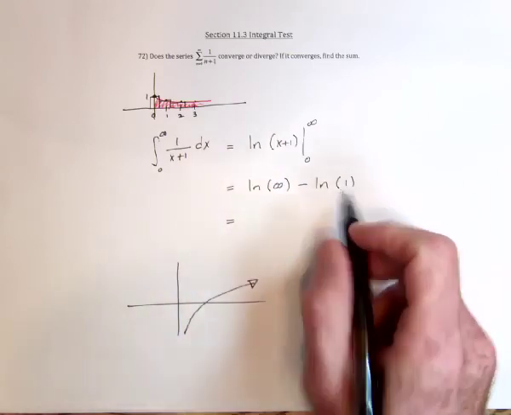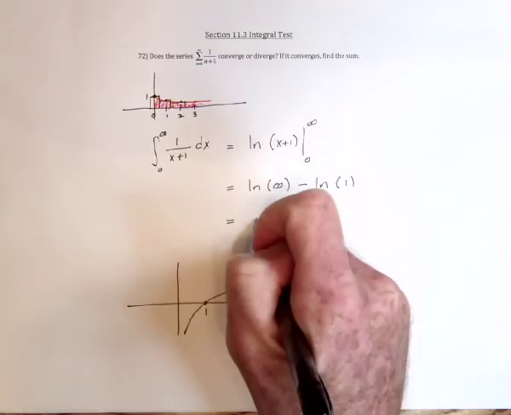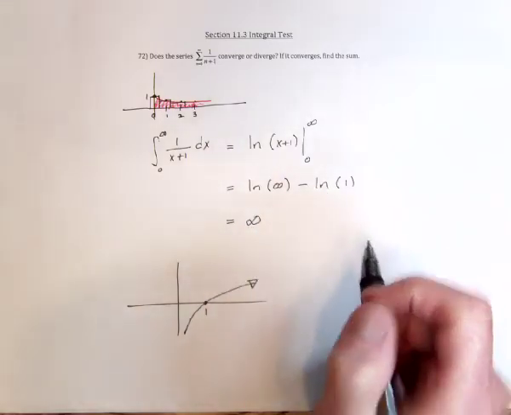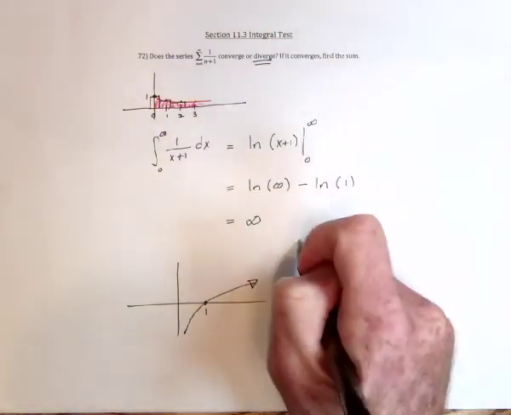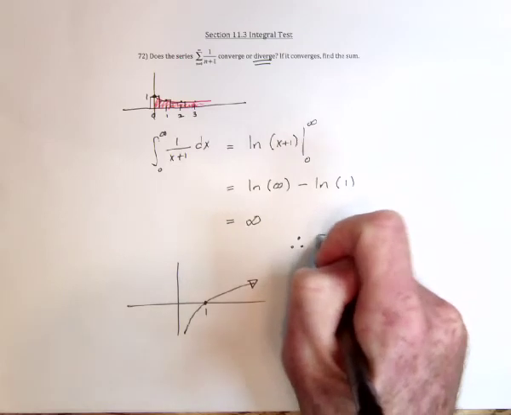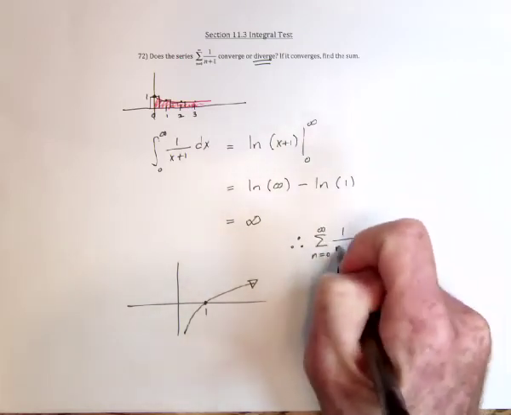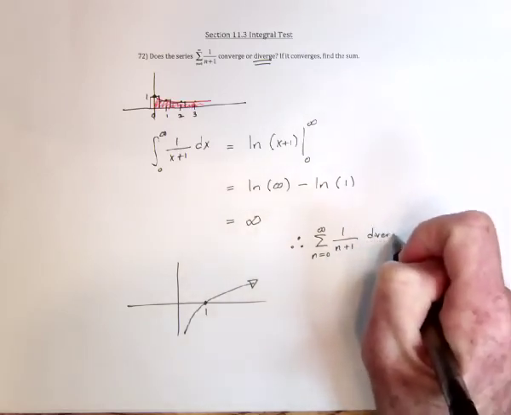This is 0. Natural log of 1 is 0. So that means that the answer is infinity. So the answer to this then is that the series diverges. Therefore, the series is going to add up to infinity, or in other words, diverges.